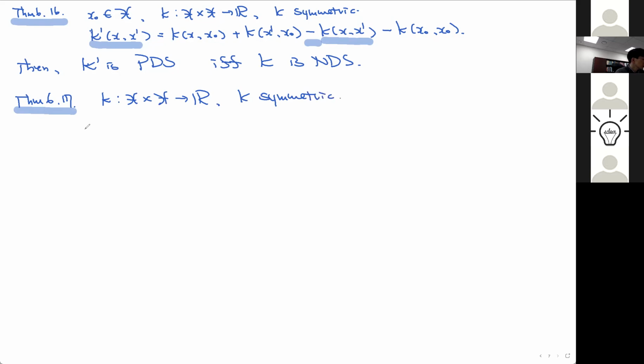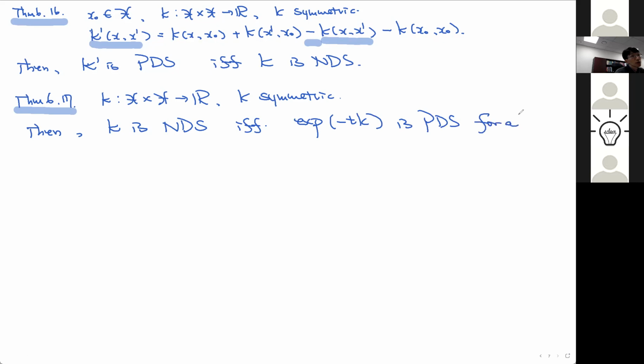If that is the case, then K is NDS if and only if the exponentiation of minus tK is PDS for all t greater than 0. So that's theorem 6.17.